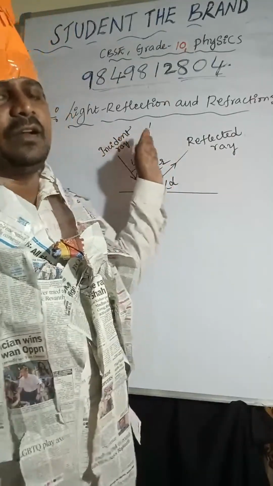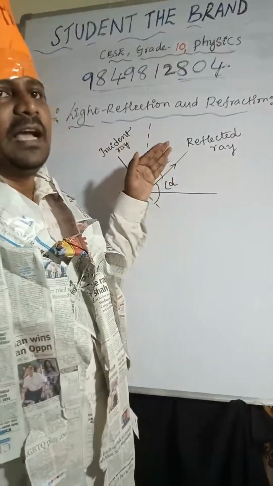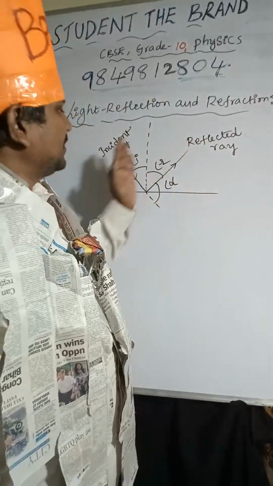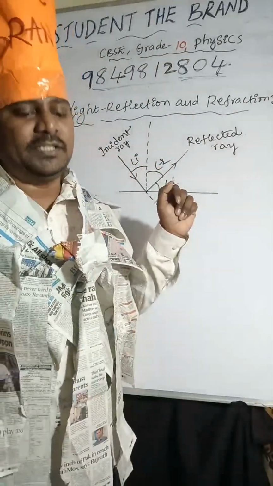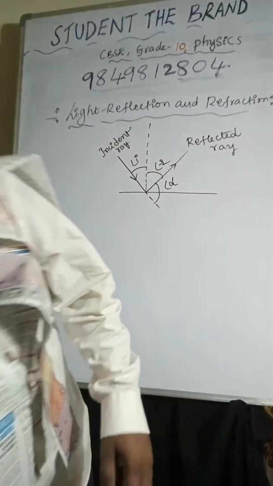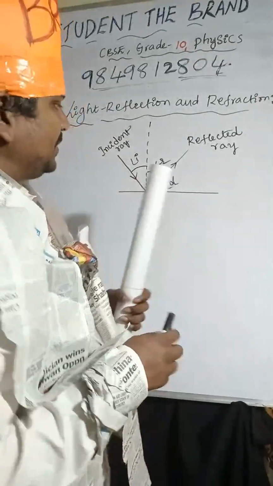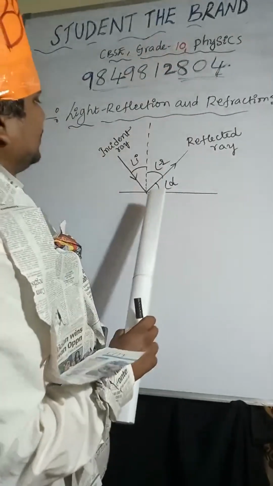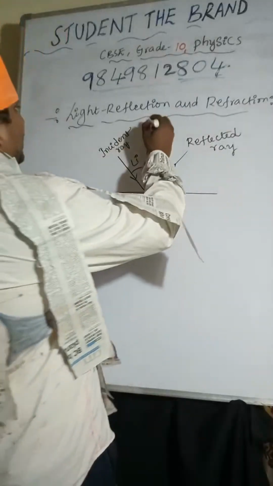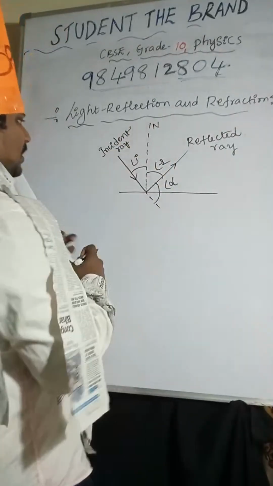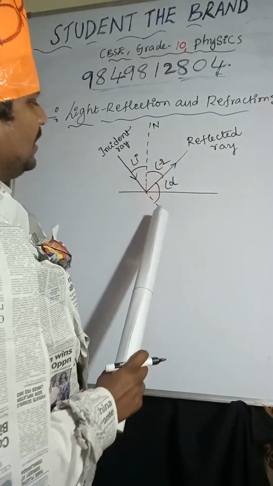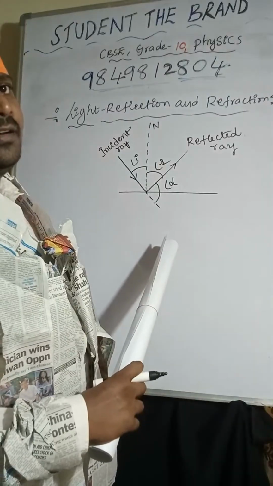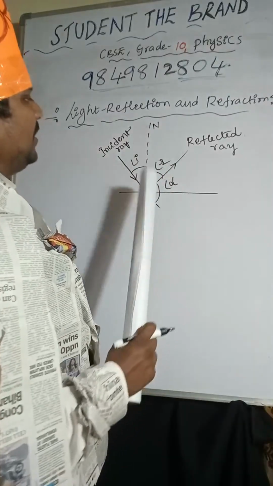The angle between incident ray and normal line is called angle of incidence. The angle between reflected ray and normal line is called angle of reflection. The angle between reflected ray and undeviated line is called angle of deviation. This dotted line is the undeviated line, and this angle is called the angle of deviation.